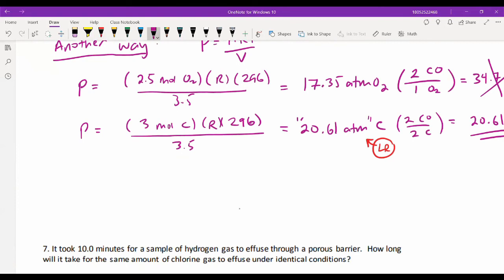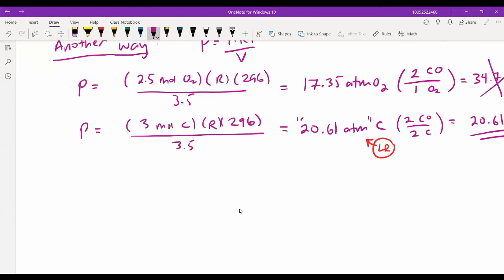So now I'm going to do excess oxygen. So we're going to take the pressure of oxygen that we started with initially, and we're going to subtract the amount used.